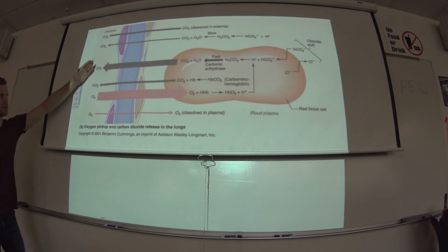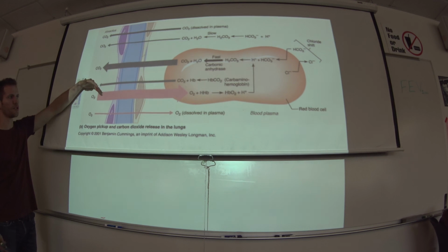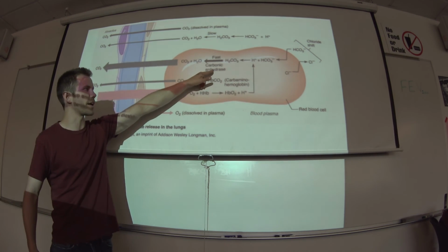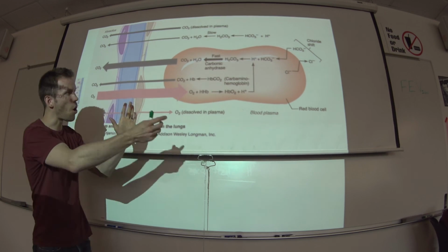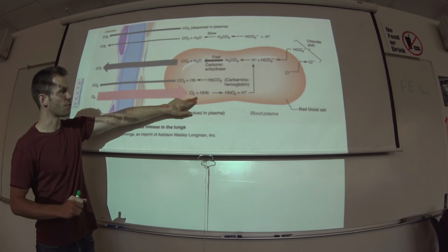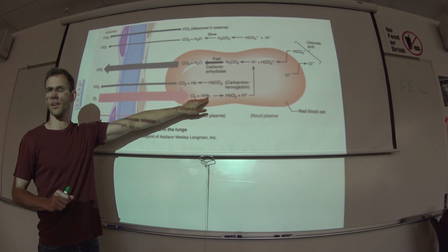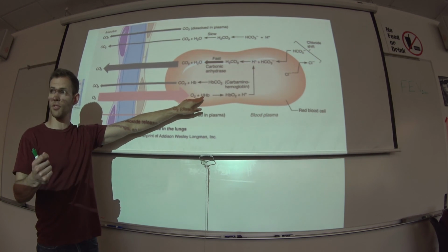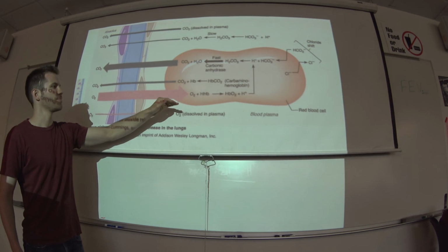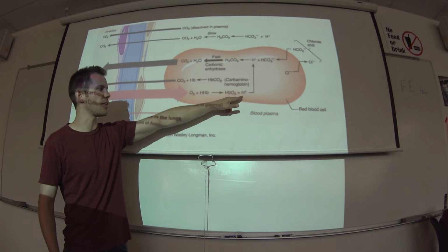As long as you're breathing frequently and keeping the CO2 low and the oxygen high, this is going to happen very efficiently. So now, here's our carbonic anhydrase going the opposite direction. All the arrows are going the opposite direction. If we start from our HHB here, our hemoglobin with hydrogen bound to it, when oxygen gets forced on, it's actually going to kick off that hydrogen.